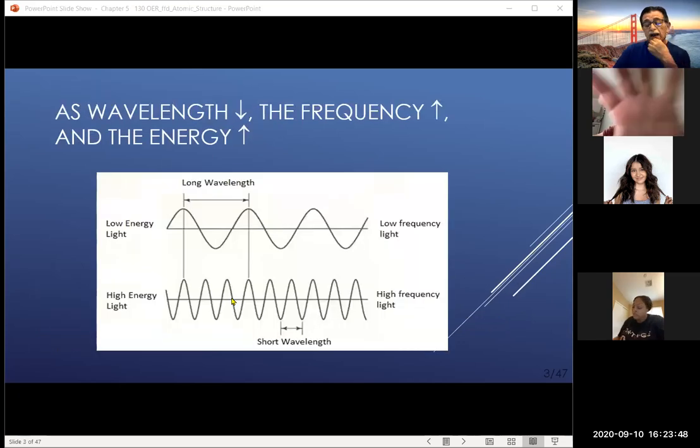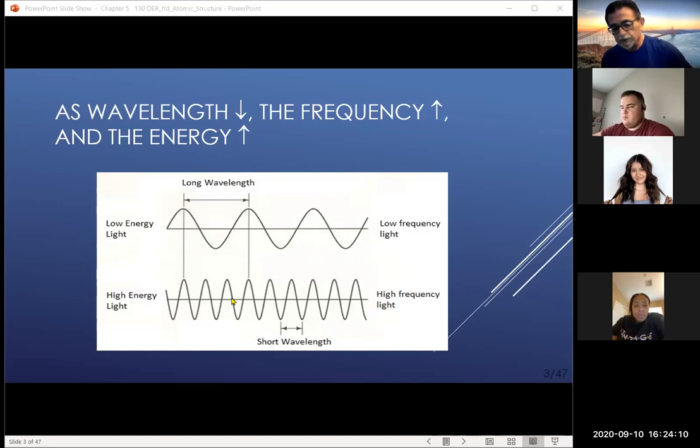Now, if we look at these two descriptions of waves, two separate waves, we can see that in the top one, the distance between crest and crest is much longer than in the bottom one, where the distance between two crests, lengthwise, is much smaller. So the top one represents electromagnetic radiation with a long wavelength.